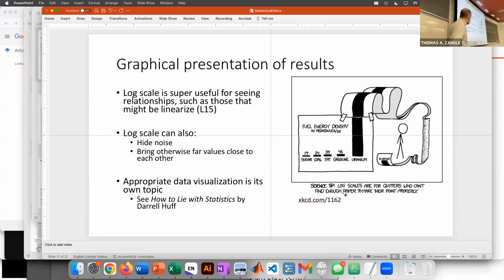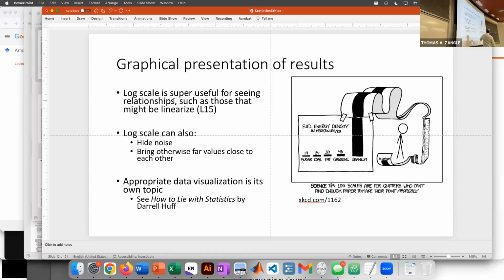Related to this is graphical presentation of results. We've seen this, like we use log scale to help to see relationships that are potentially linearizable, right? And by plotting things on a log scale, it can often be a lot easier to see trends in your data.